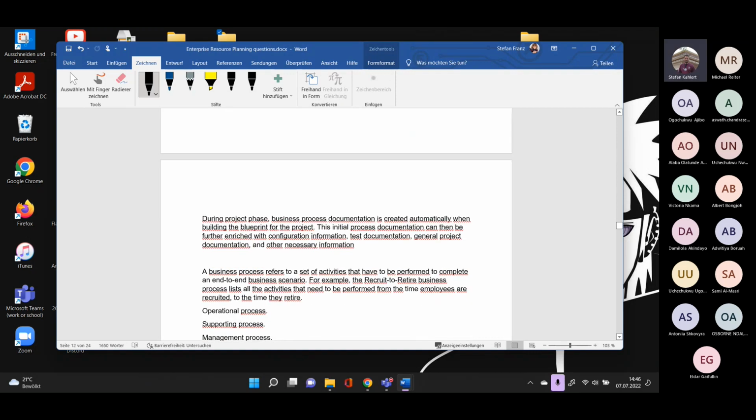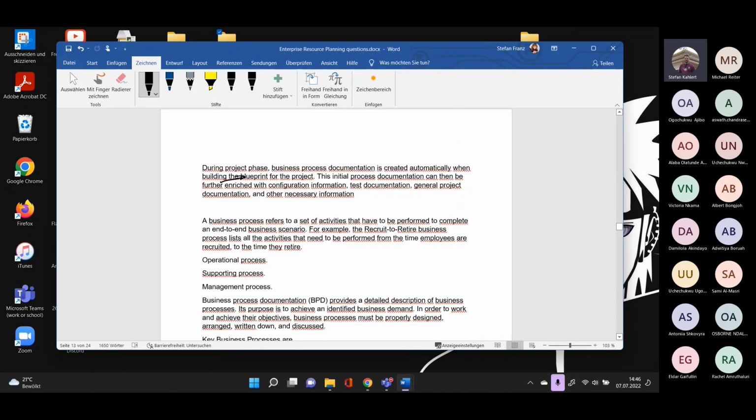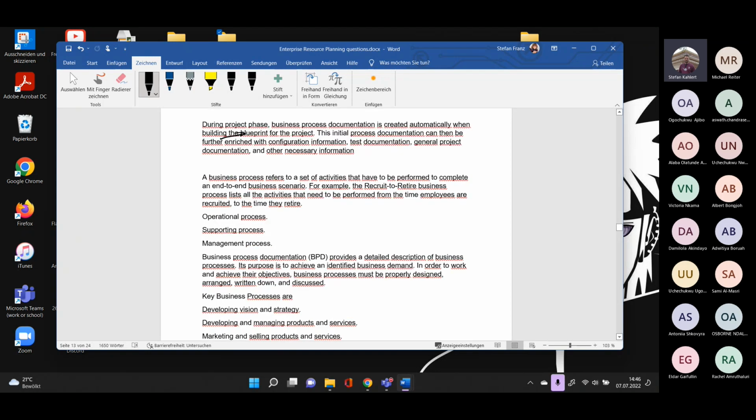So business process documentation is created when building a blueprint. What a blueprint is, I think you should know. It's a plan of something, of processes, of integration, where you collect certain necessary information, and you have certain activities and processes.